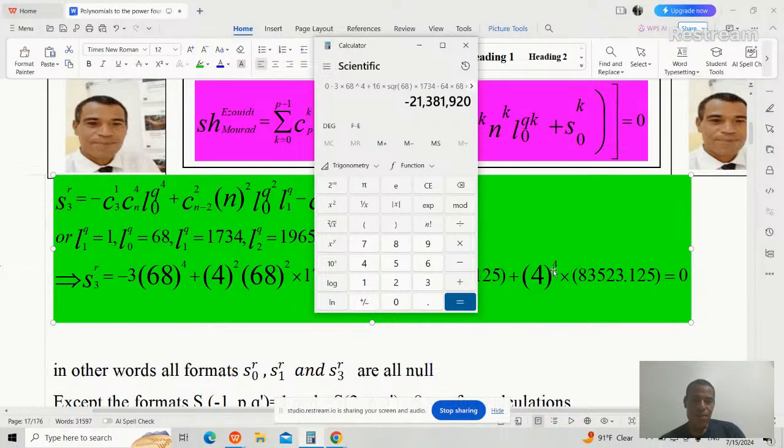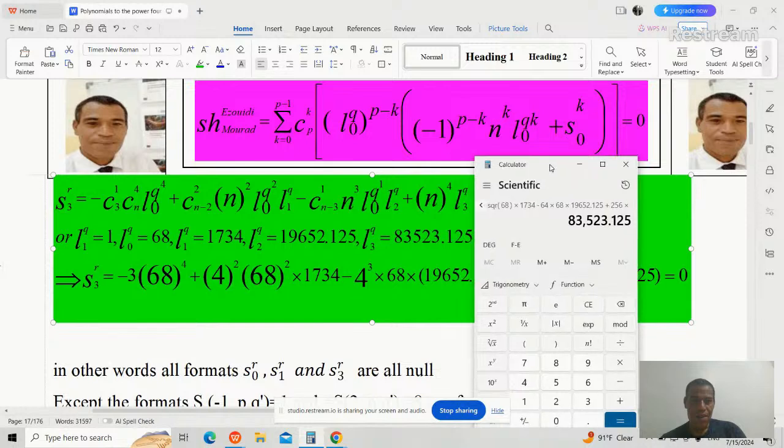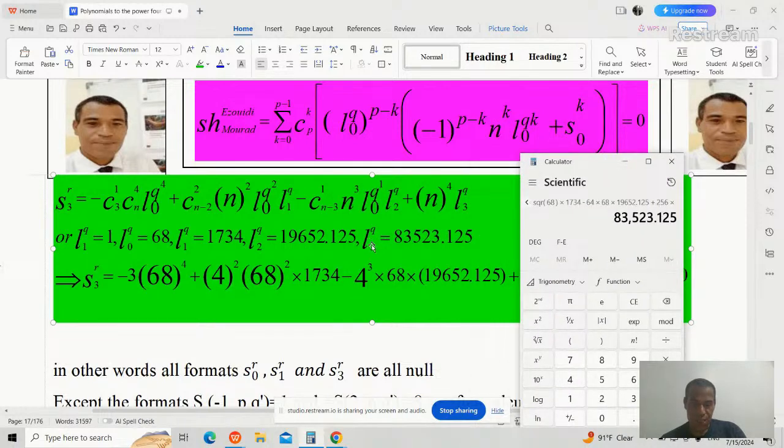Plus 4 raised to the power 4, plus 256 times 83,523.125, times 83,523.125. Okay. So this one, learners, is the coefficient when k equals 4.